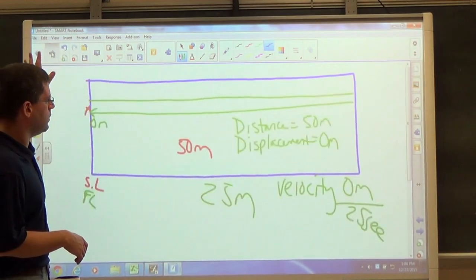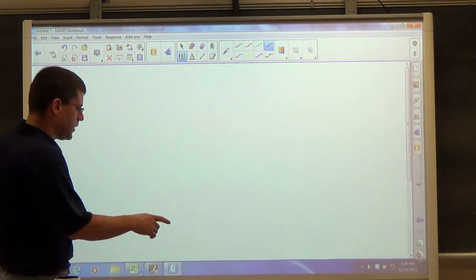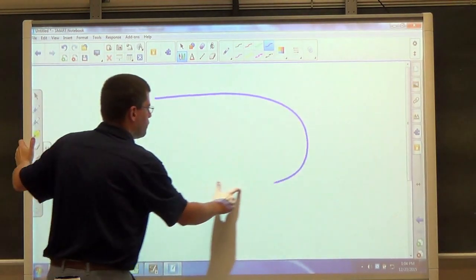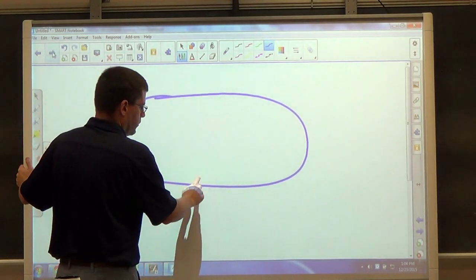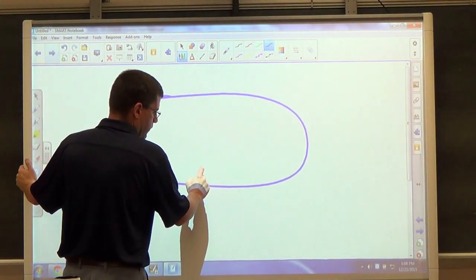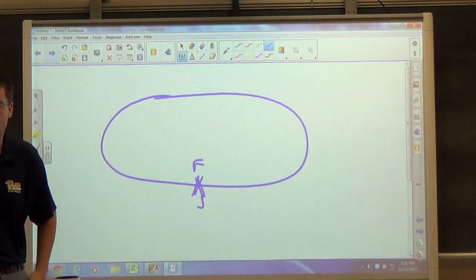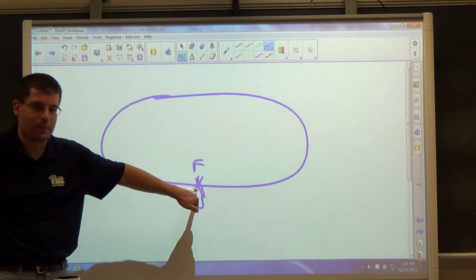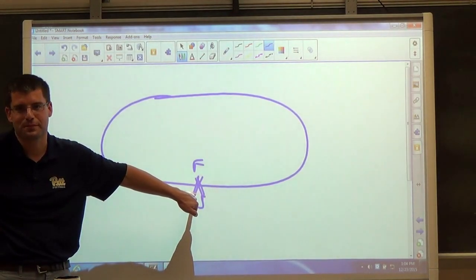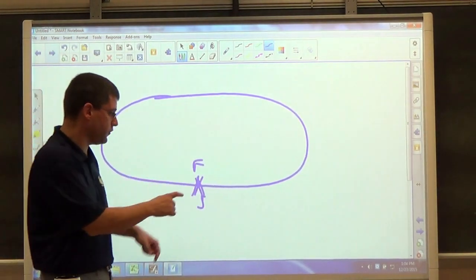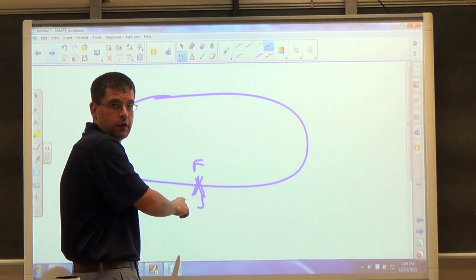Here's another example. Here's a track. Starting point, finish line. You ran the mile, 4 times around. What was your velocity? 0. You're back to the starting point. What was your speed? Total distance would be the 1 mile. See what I mean?